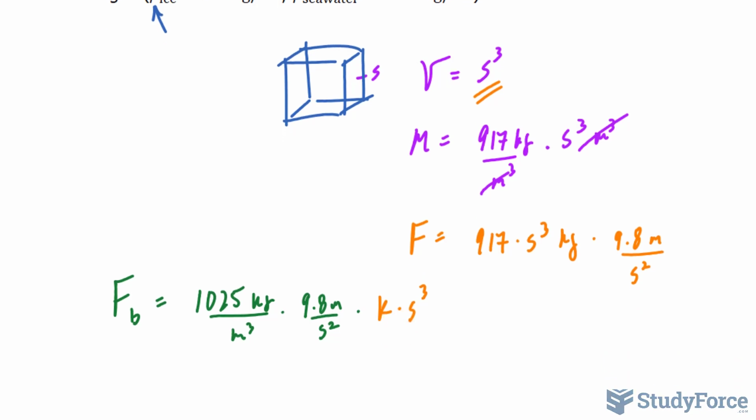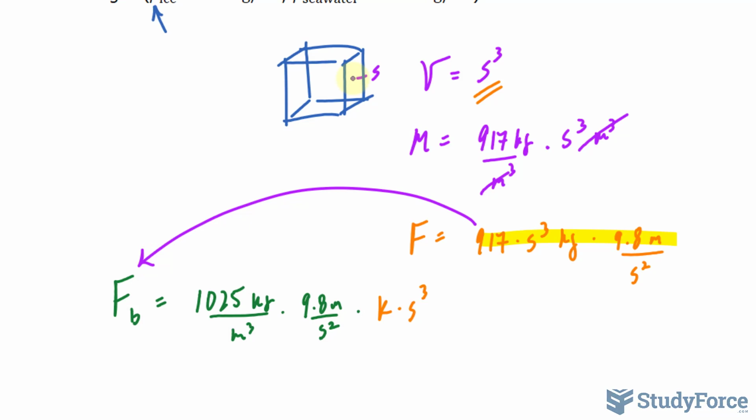And actually what we're looking for is the value of k. The next thing is to set this value of force, the buoyant force, which is the force that pushes against the ice cube, equal to 917 times s to the power of 3 times 9.8 meters per second squared. Essentially, all of this expression will go into here.